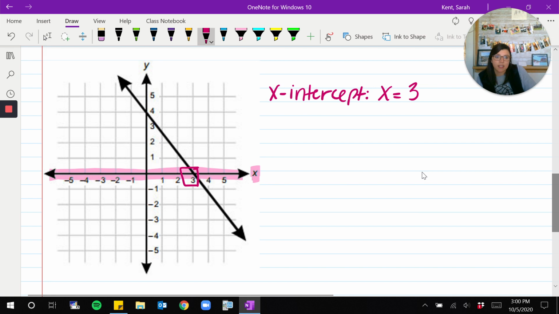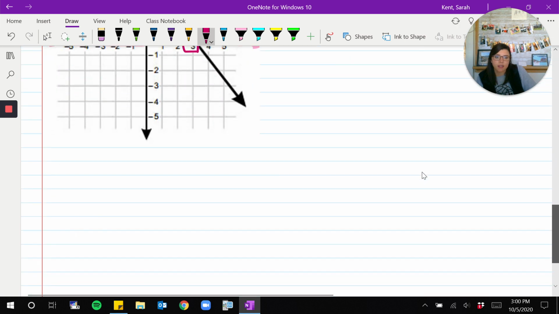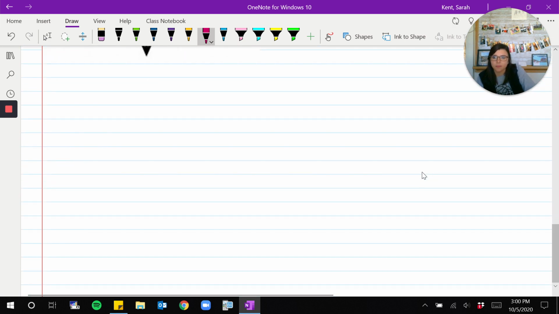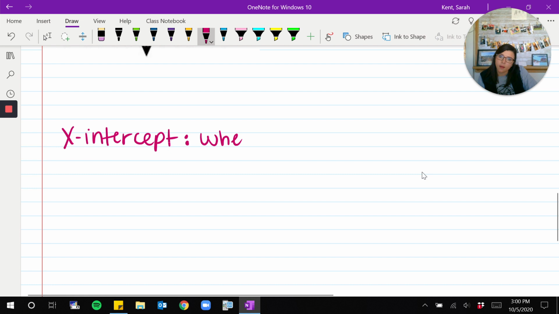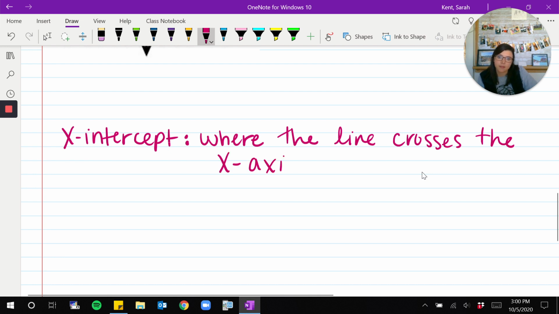So if we were to write a definition for our x-intercept, this would be where the line crosses the x-axis.